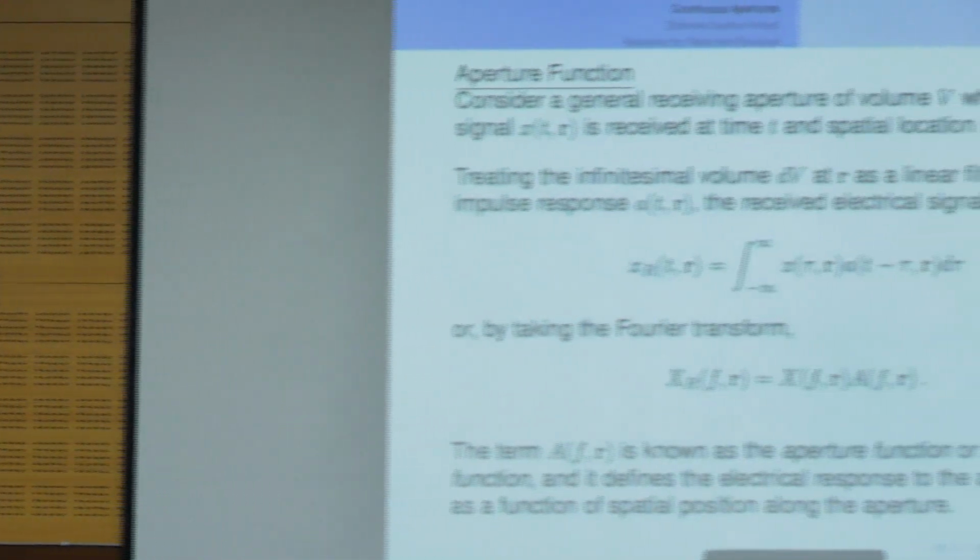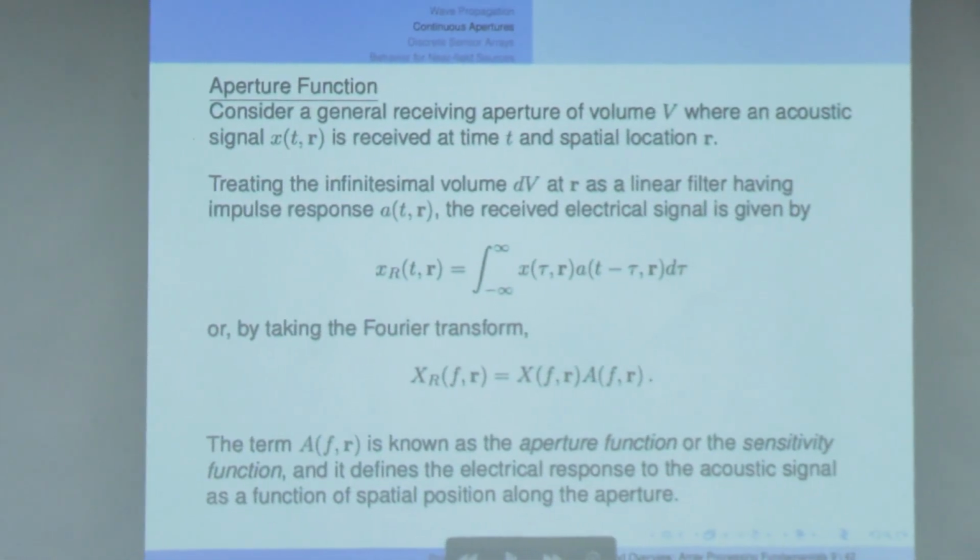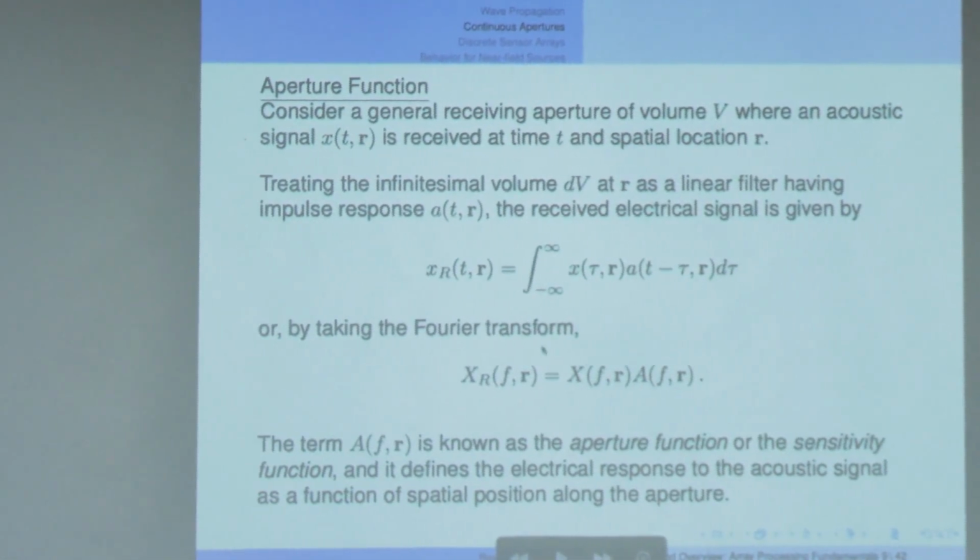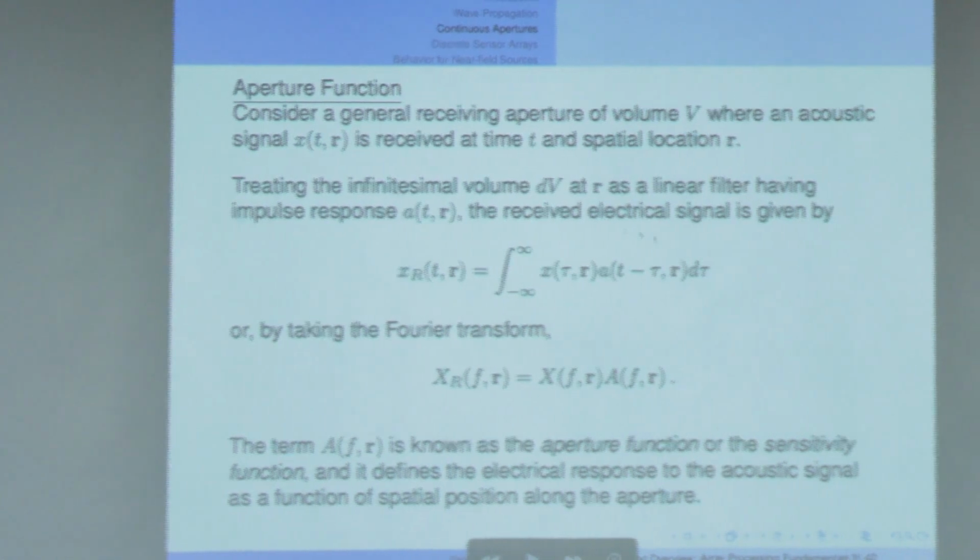When we talk about A(R), we consider that as the aperture function. You see the assumption here that the aperture is linear, which means that any acoustic wave that hits any point on the aperture will be translated to an electrical signal with a linear response.